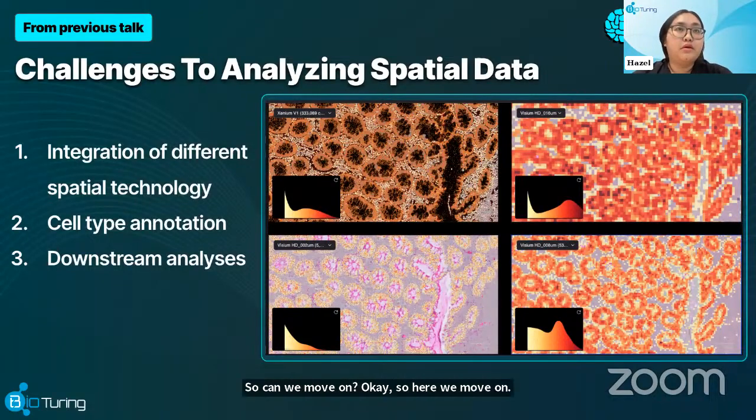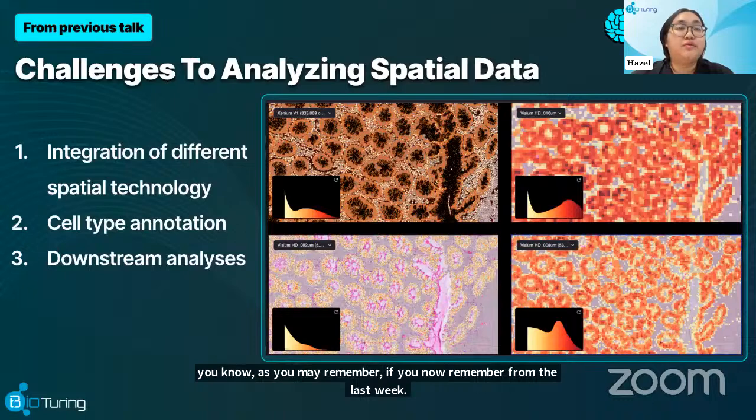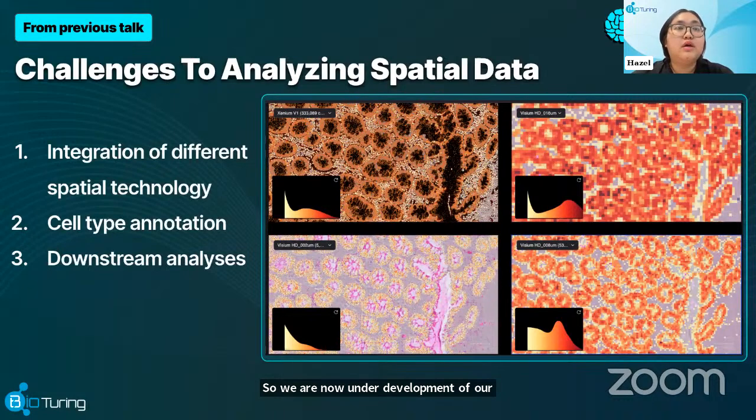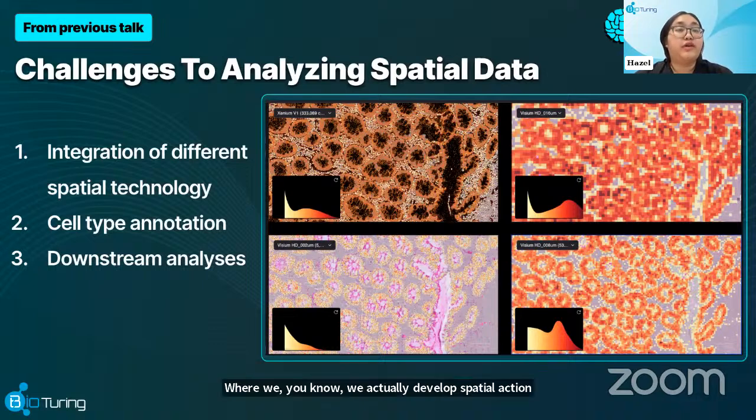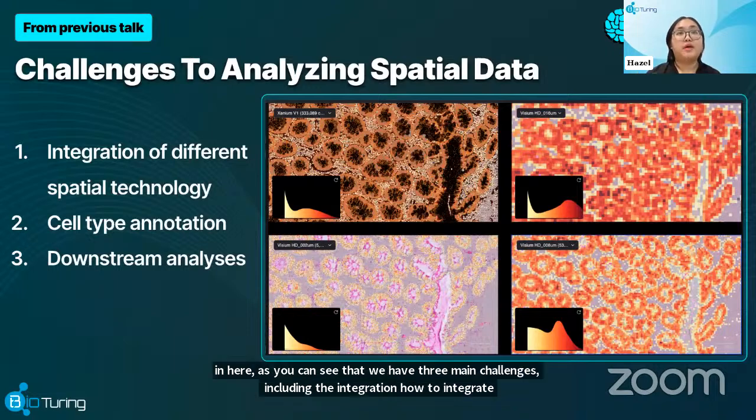As you may remember from last week, we are developing our new spatial platform, SpatialX, to tackle challenges that we face when we deal with spatial data. As you can see, we have three main challenges, including integration: how to integrate different spatial technologies and analyze them side by side.